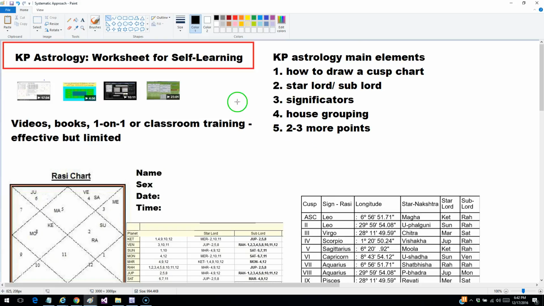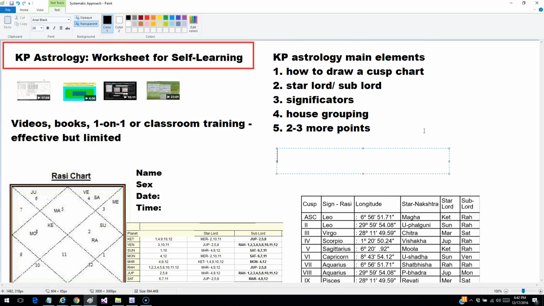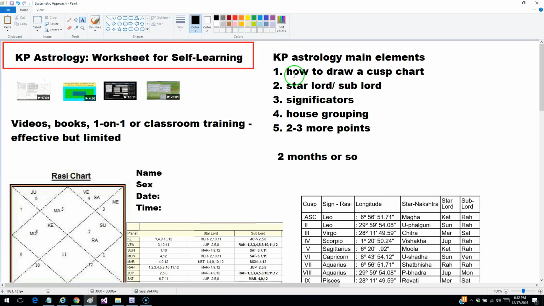These are some basic points, and I would say if you devote maybe 2-3 hours a day, then maybe 2 months or so should be sufficient for learning all these basic or main elements of KP astrology. And now once you are done with all these things, the question is how do you proceed forward? How do you start making predictions, or how do you start analyzing the horoscope? This is where I wanted to share my thoughts.